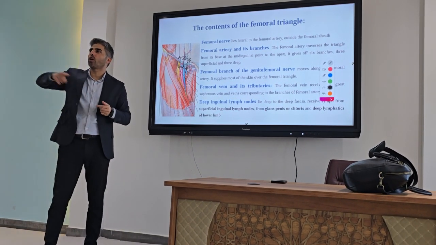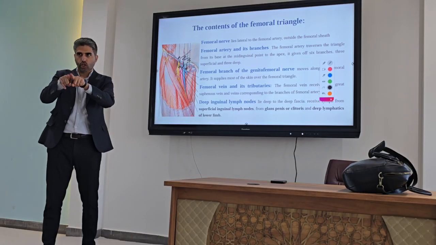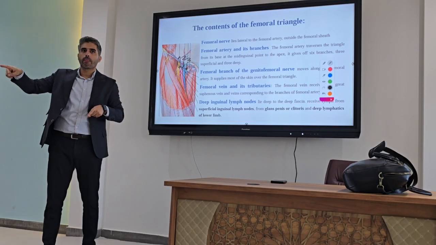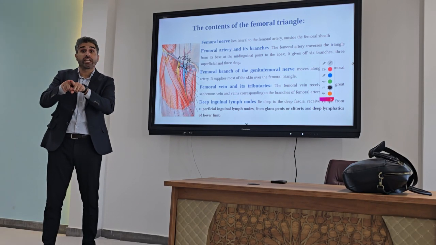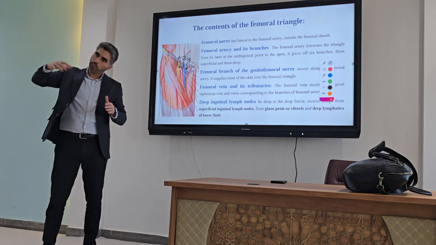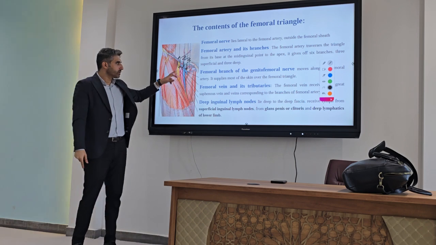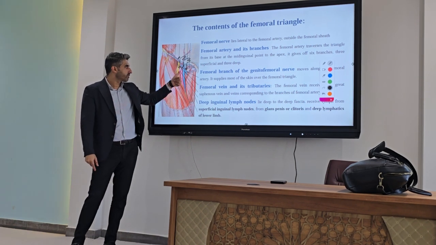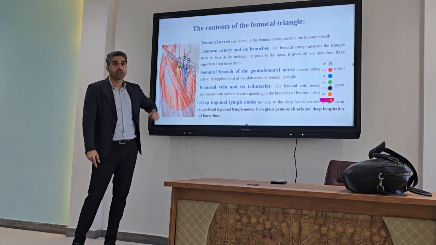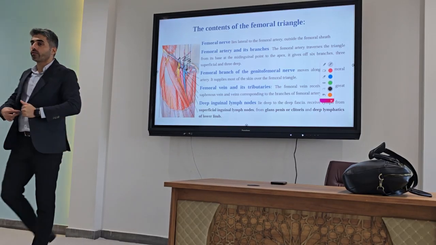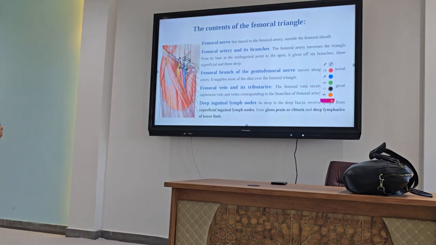When you say femoral artery, you have femoral vein. When you say, for example, brachial artery, you have brachial vein. But superficial veins are alone. They don't have an artery. So these three structures, femoral nerve, femoral artery, and femoral vein, are inside of the triangle.